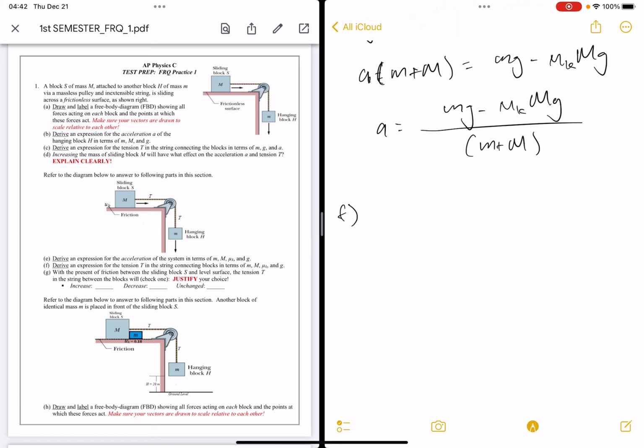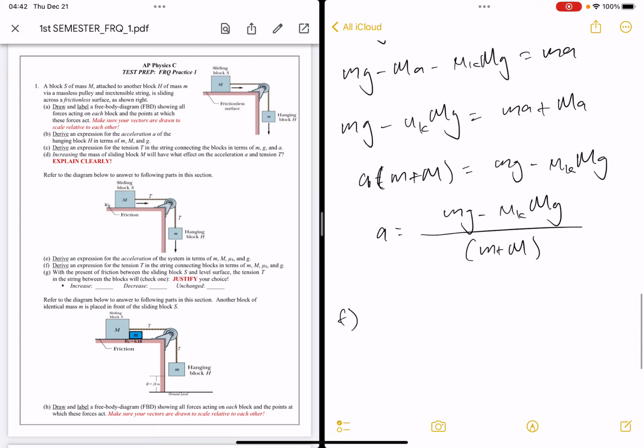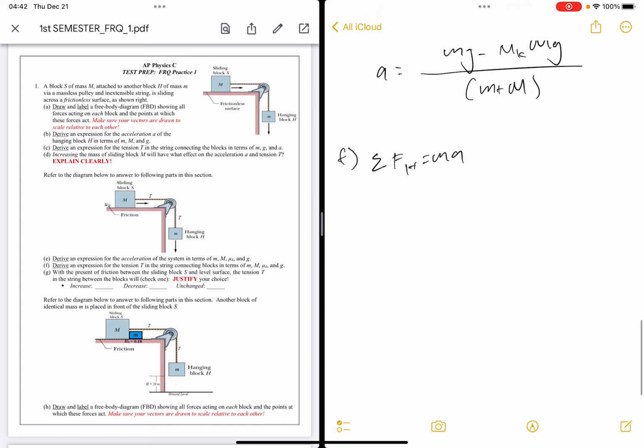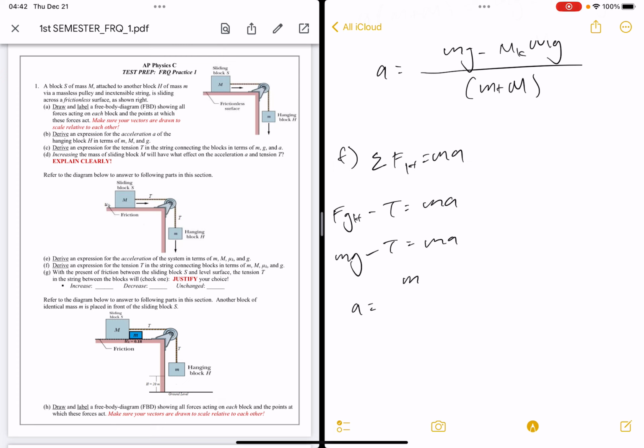Now F, our expression for T. So once again, I'm going to set up net force. Net force of H equals ma, and this time I'm going to solve for A and then set them equal to each other. So FgH minus T equals ma, mg minus T equals ma, and then A equals (mg minus T) over m.